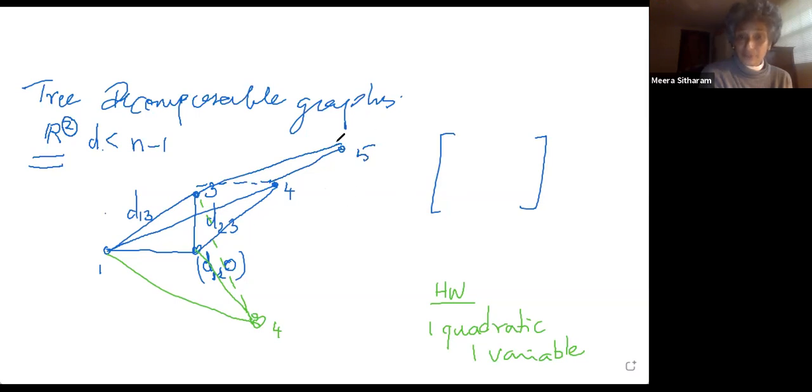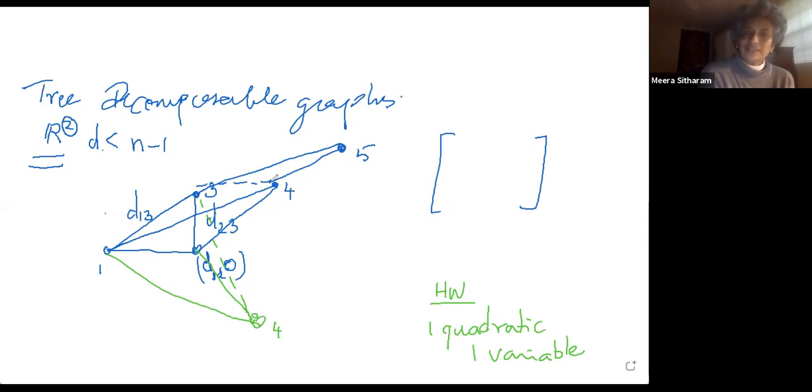So now notice that whether or not 5 can be placed could potentially depend on whether I put 4 over here or 4 over there, right? It could be that the distances between 3,5 and 5,4 do not satisfy the triangle inequality had I placed 4 over here.